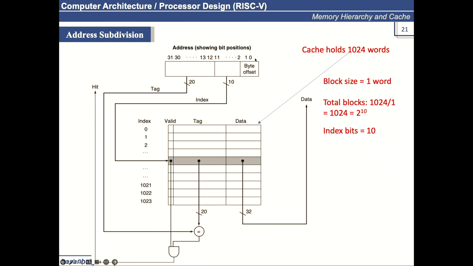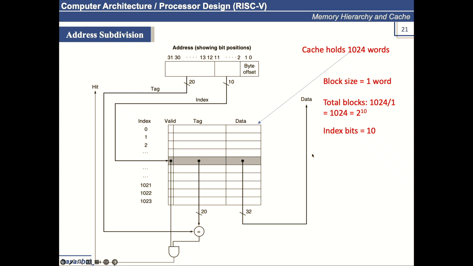Whatever the value of this 10-bit field, it will find that particular block, and then determine if the data present in that block is the data being requested. How is it matched? It matches with the tag field. The upper 20 bits are matched with the 20 tag bits here. If they both match, it means the requested data is found in the cache. And if it is valid data, then we call it a hit, and the requested 32 bits of data is produced.